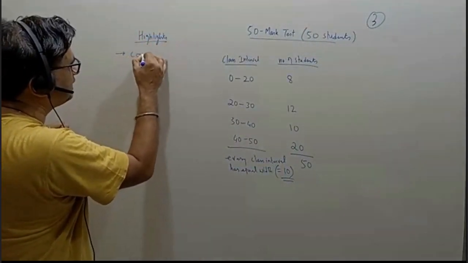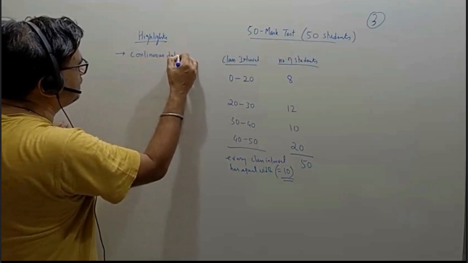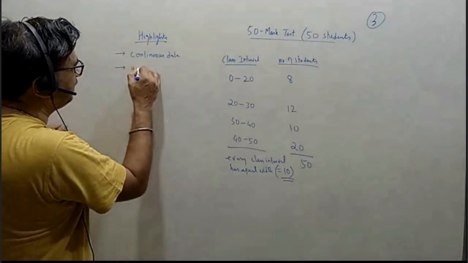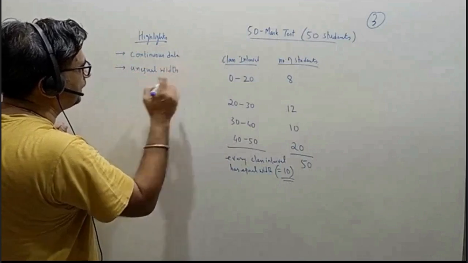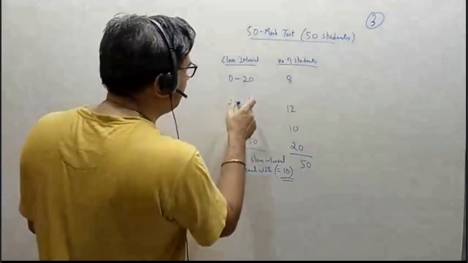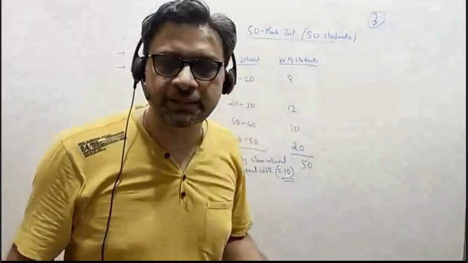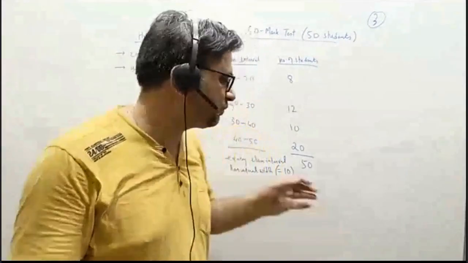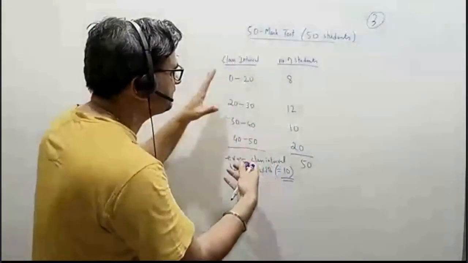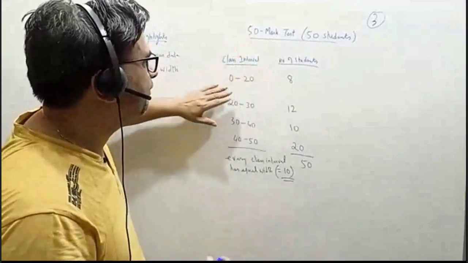There is continuity, continuous data, and they are of unequal width, folks. When I say unequal width, even if one interval is different from the rest, then it comes under unequal width histogram. It's possible that there were more such clubbings, but here we are talking about a simple case so that we understand the topic.